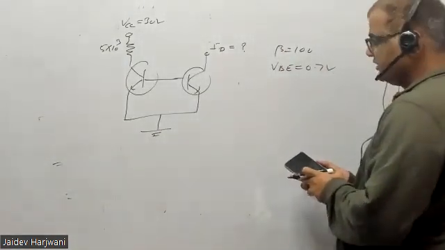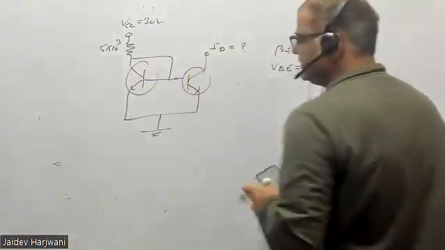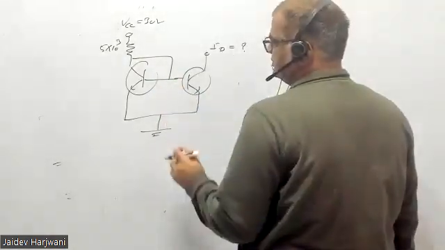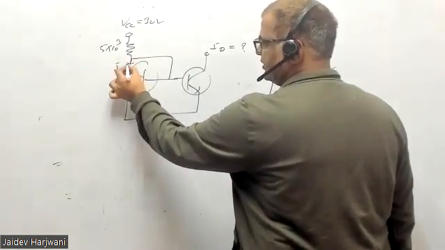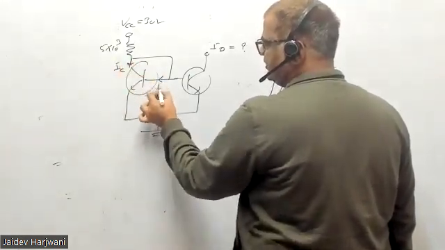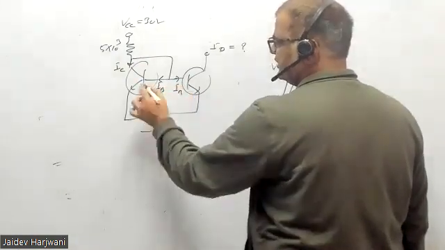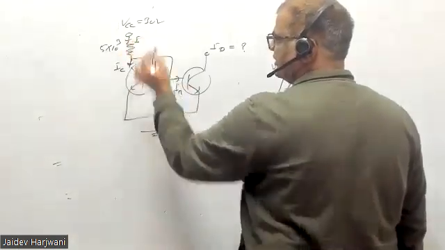Both the transistors are identical, okay, and this is connected here. So basically this is your IC going here, okay, this IB going here, this IB going here. Both are identical. Here also 0.7, this is 0.7, and say this is current I, total current I coming.